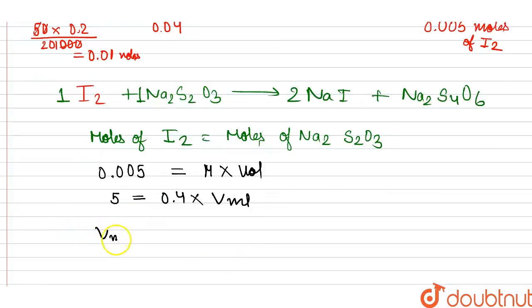So now V, volume in ml, should be equal to 5 by 0.4, that comes out to be 12.5 ml, which is the answer of the question.